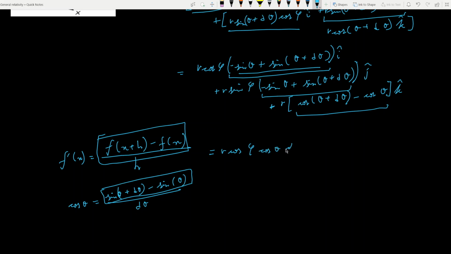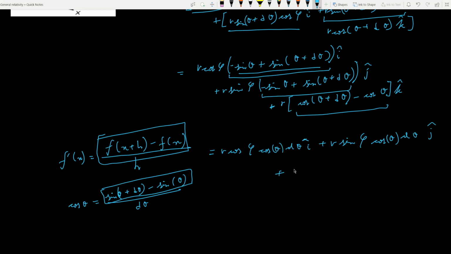So this should be r cosine of phi cosine of theta d theta in the I hat direction, and then similarly r sine of phi cosine theta d theta. These cosine thetas are in brackets. This should be in the j hat direction, plus the final term, which is cosine theta plus d theta minus cosine of theta.